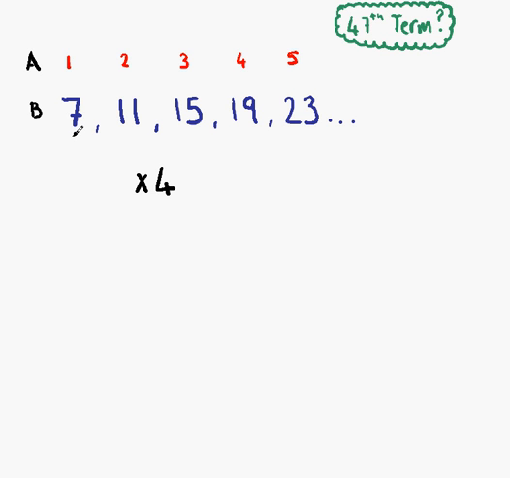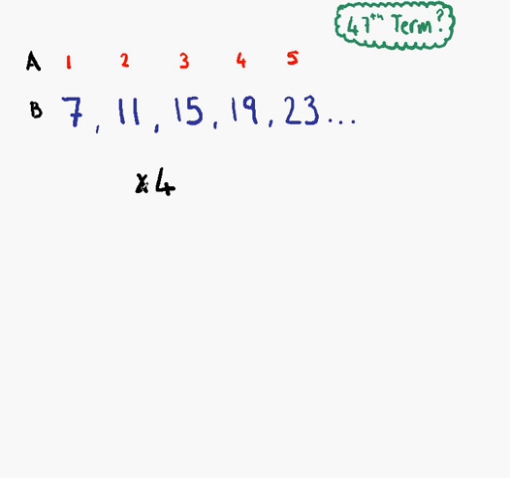Does that work for the other ones? 4 times 2 is 8, plus 3 gives us 11. 4 times 3 is 12, plus 3 gives us 15. 4 times 4 is 16. Again, plus 3 is 19.